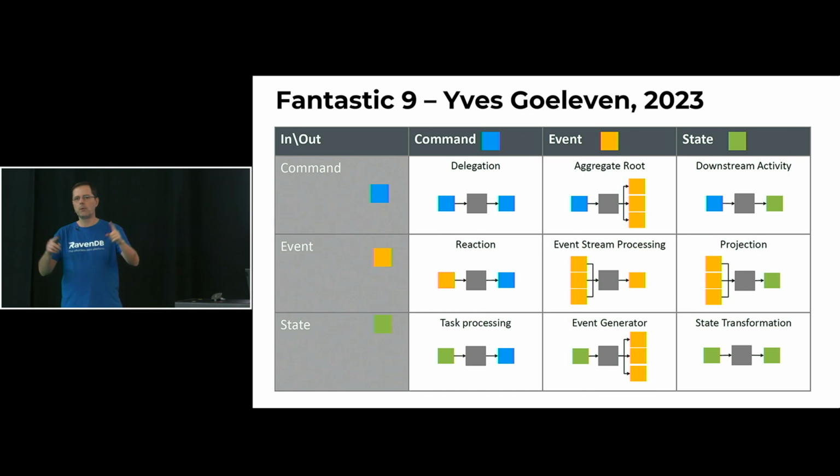And now if we apply this reasoning and we start recognizing various programming models, you can see that almost everything can be encoded through command, event, and state. What you can see here are 9 patterns developed by Yves Lorphelin in 2023.